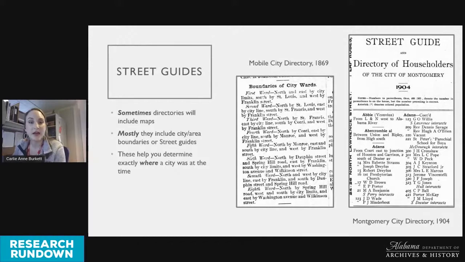And here you can see how it has the streets listed out, and it shows even some people's names and where those streets intersect. So it's kind of like a backwards directory. Instead of knowing a person's name and looking for them, you just find a street.